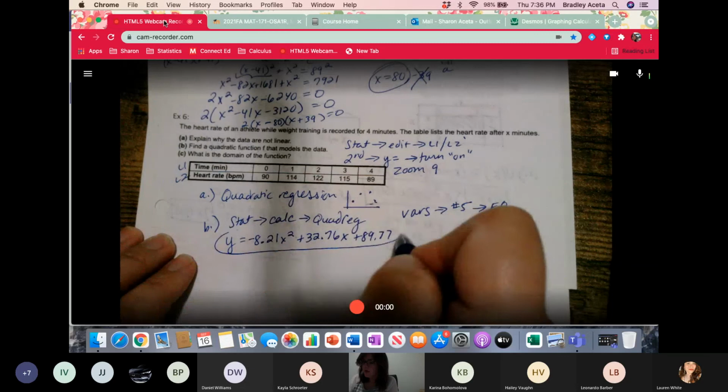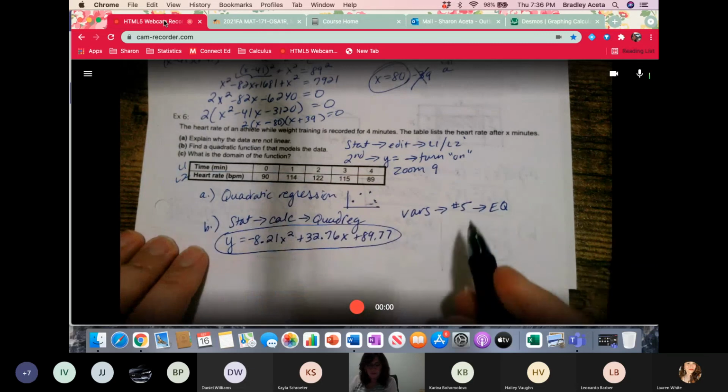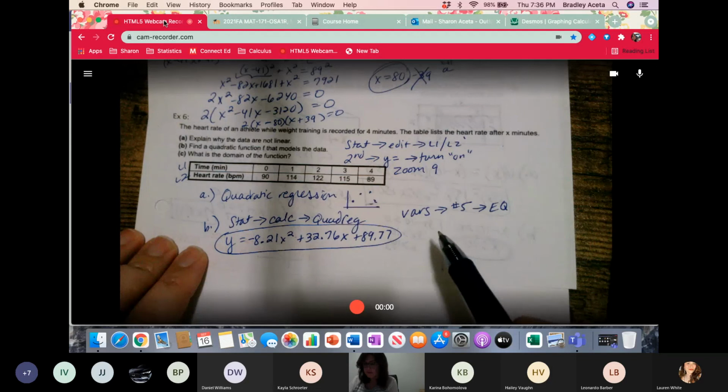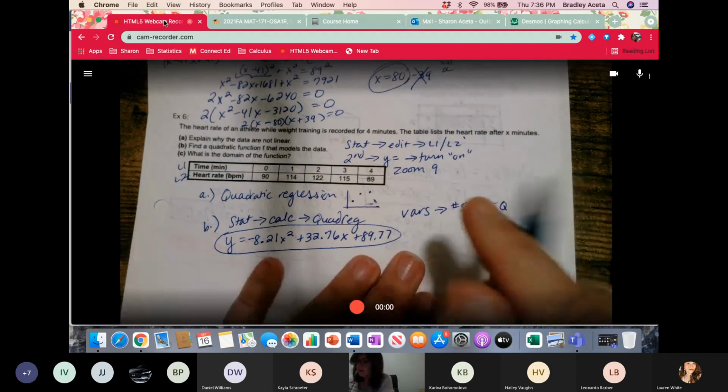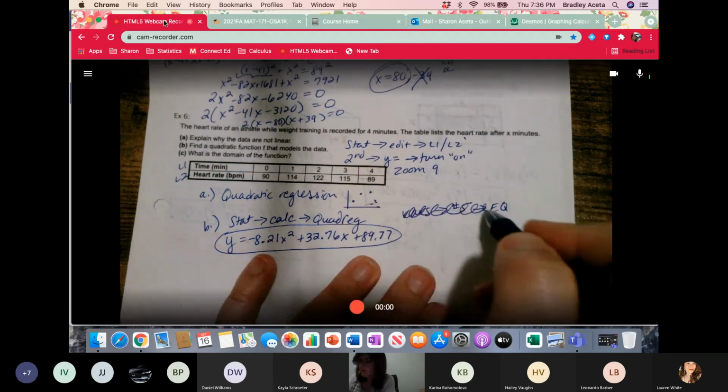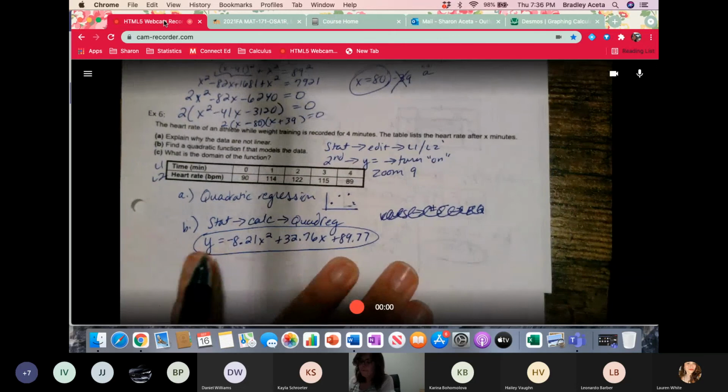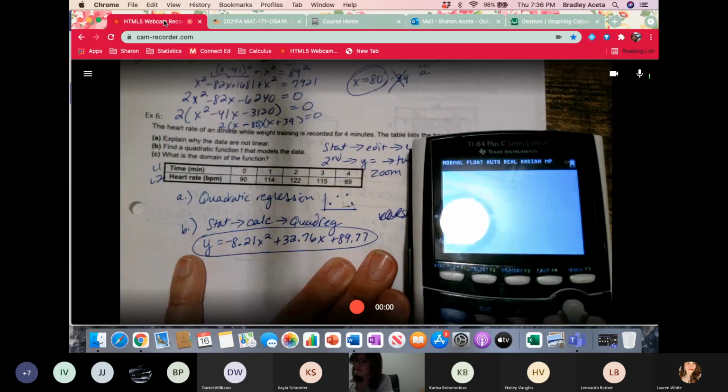And that is your quadratic regression. Sorry about this right over here. This is how I'm actually going to get. I can now type this in to my y1.